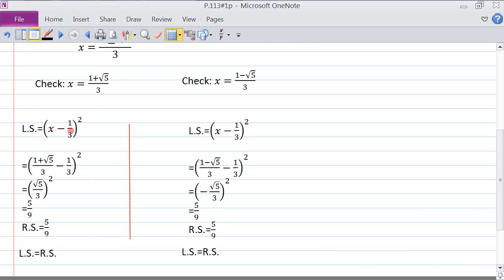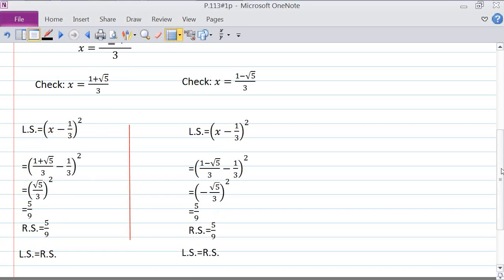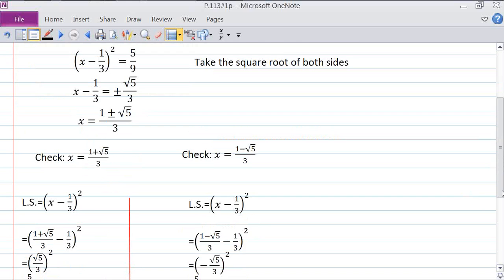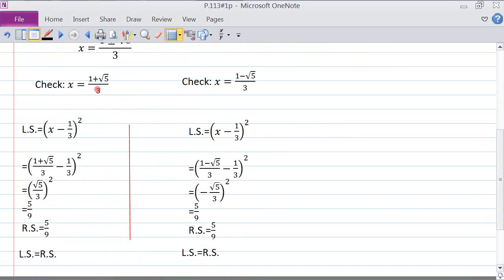X minus 1/3 squared, if we go back to this equation here, left side of it, x minus 1/3 squared, and I'm going to replace the x with 1 plus root 5/3 minus 1/3. Now here the 1 and the -1 sum to 0, so I'm only going to be left with root 5/3.